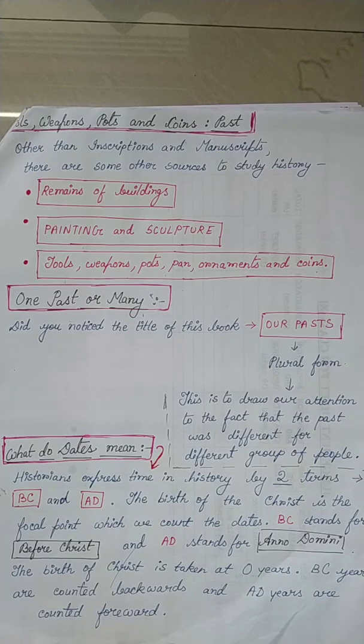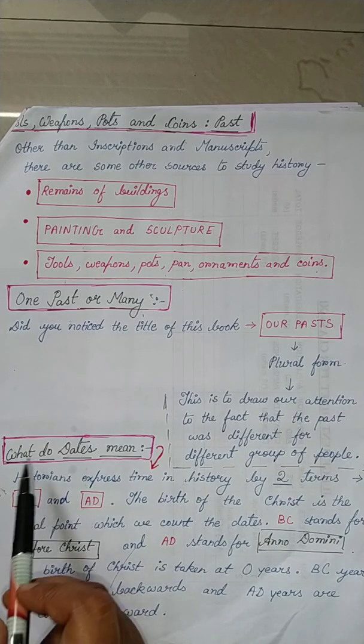Because it wants to draw attention to the fact that the past was different for different people. For example, the lives of farmers were different from the lives of kings. Each person's past is different from another's. That's why the name of our book is Our Pasts.